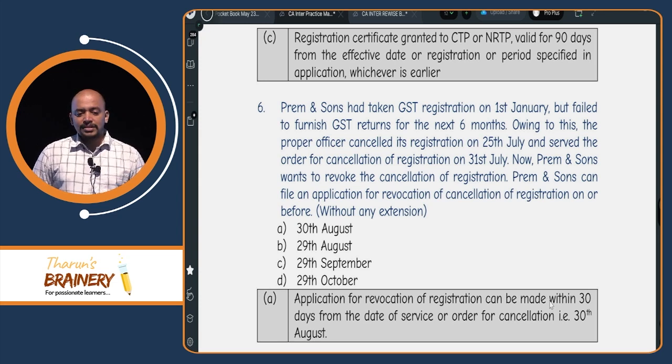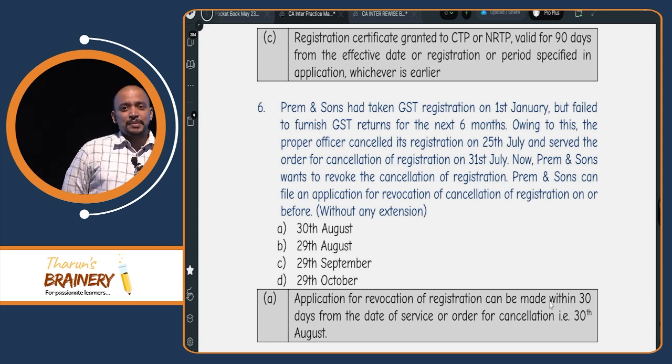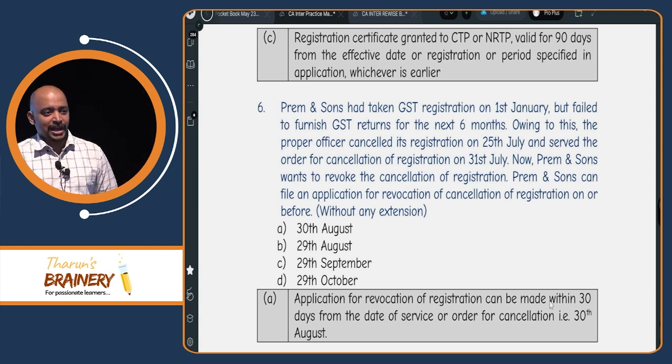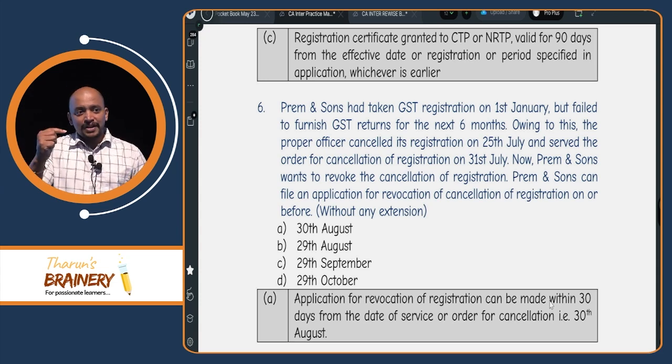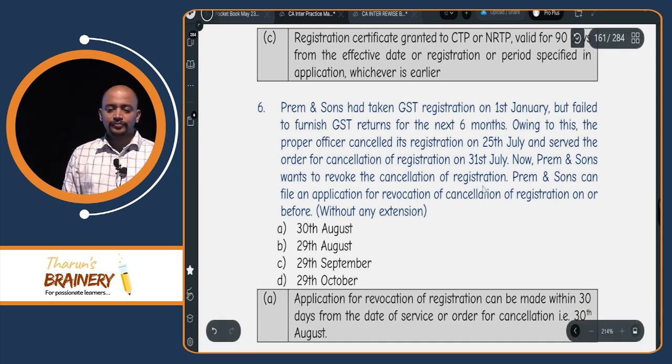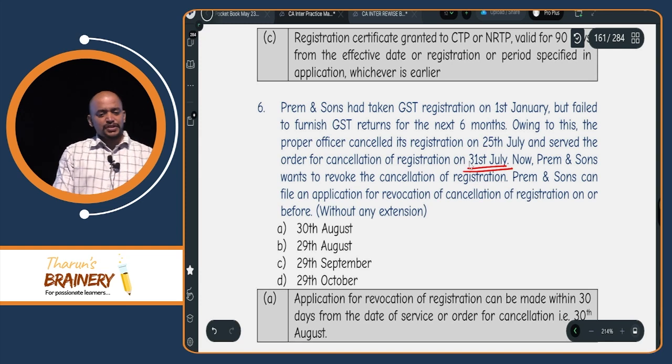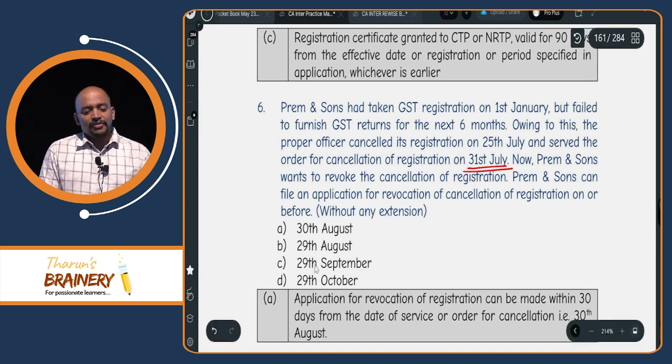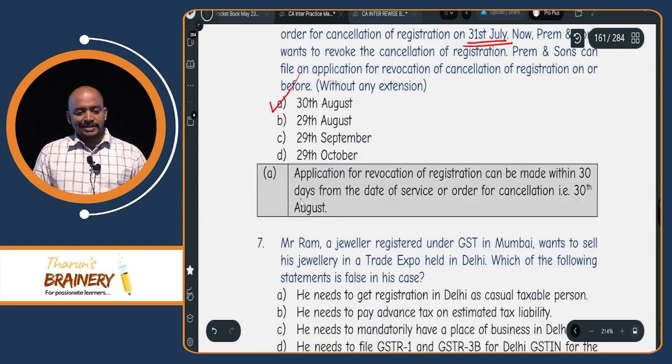Now Prem and Sons want to revoke the cancellation of registration and they can file application for revocation on or before which date, without any extension? What is the time limit within which we need to make application for revocation? 30 days from the date of cancellation order. What is the date of cancellation order? Order of cancellation is 31st July. From 31st July you count 30 days. So 30th of August, that will be taken as the answer.